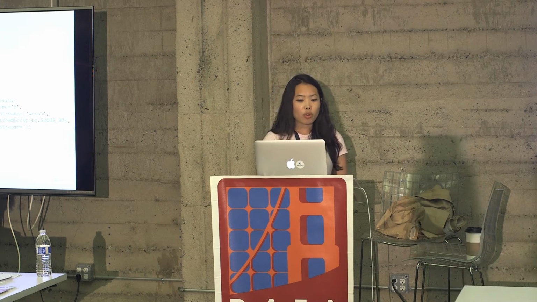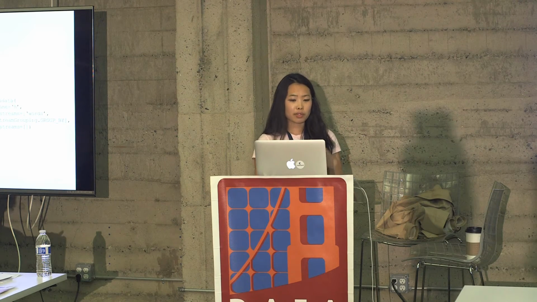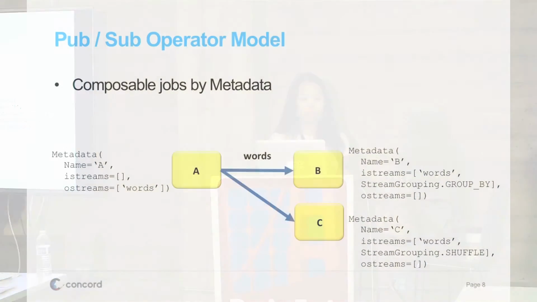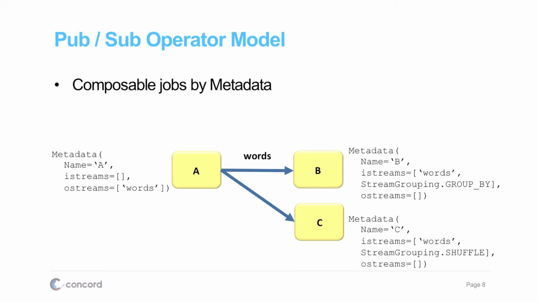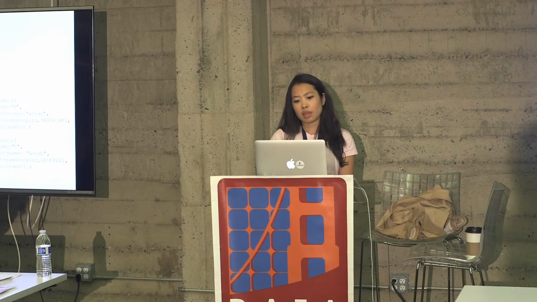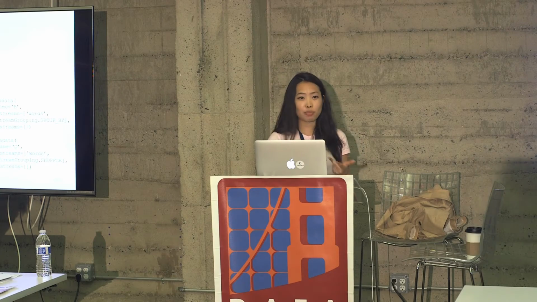And if I have another operator that I want to consume words, I can just add another operator. Declaring an operator is as simple as defining metadata where you define the name of the operator, the names of the input streams that you're subscribed to, and the names of the output streams that you're publishing to.